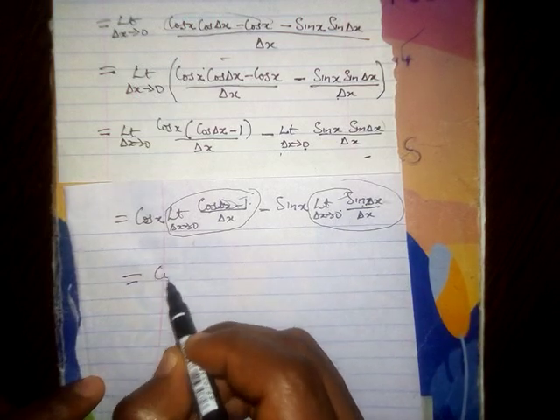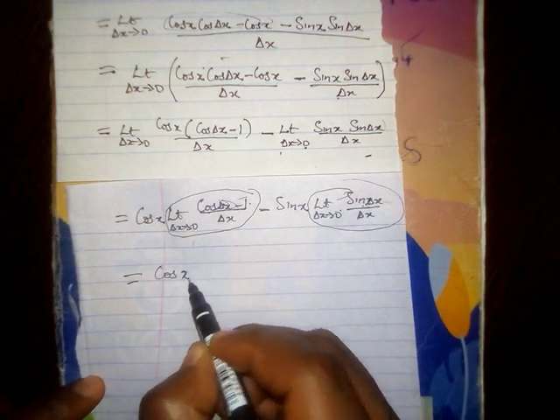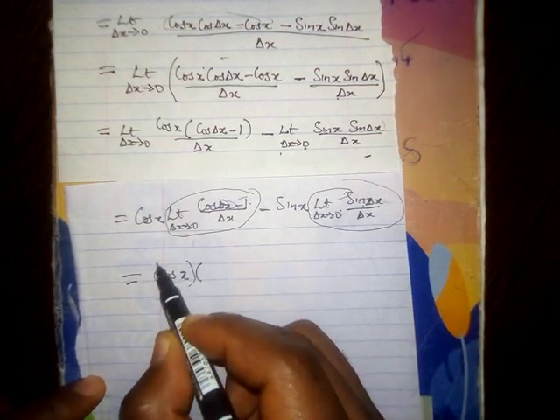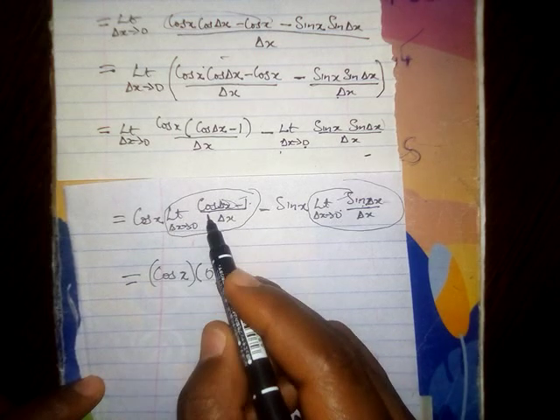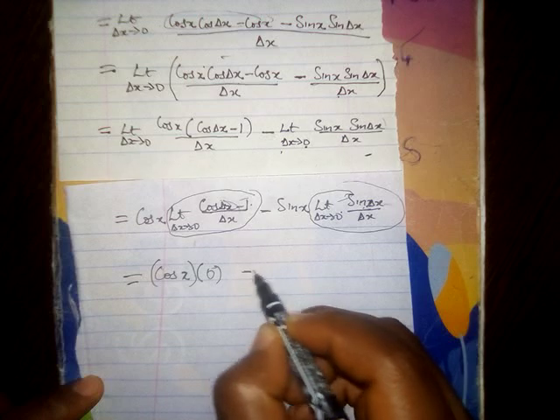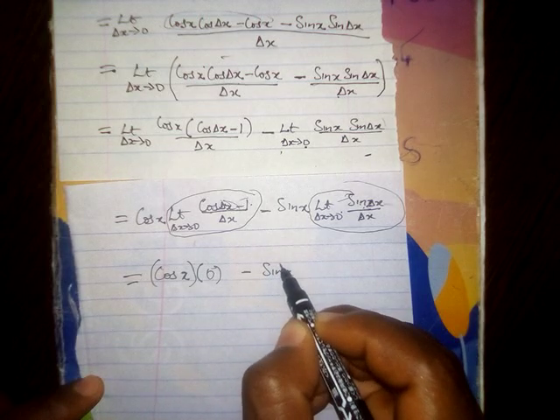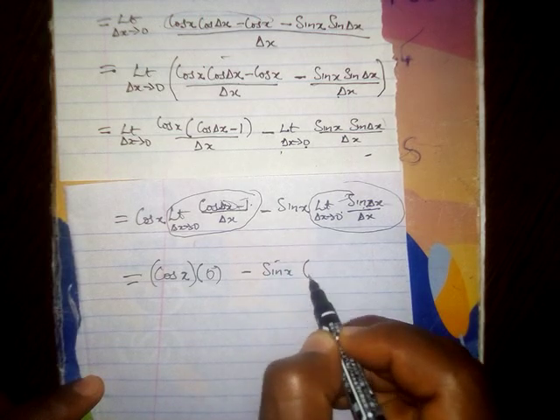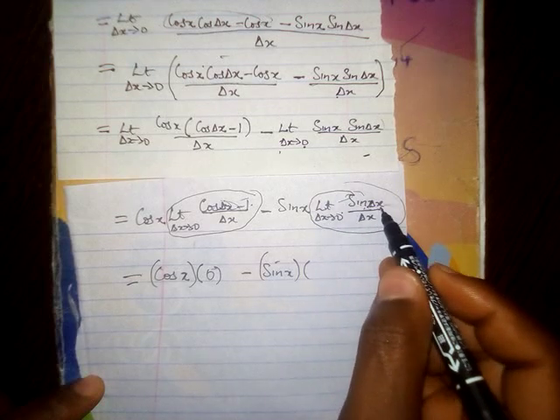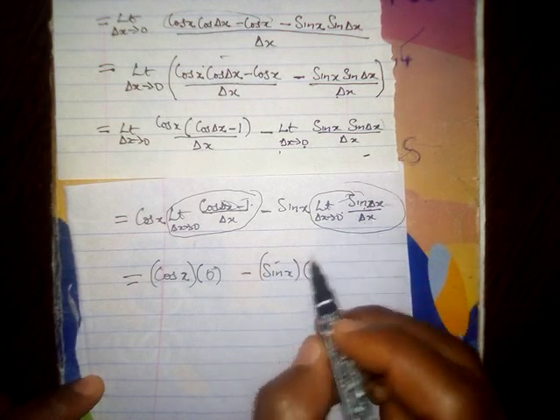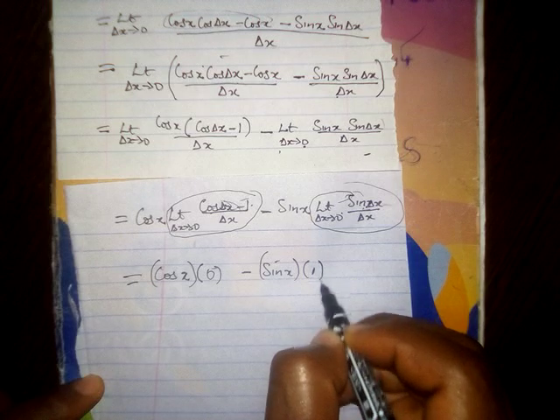So this will now be cos x times 0, because we know that the limit of this function is 0, minus sin x times the limit of sin change in x over change in x, which gives us 1, so we put this as 1.